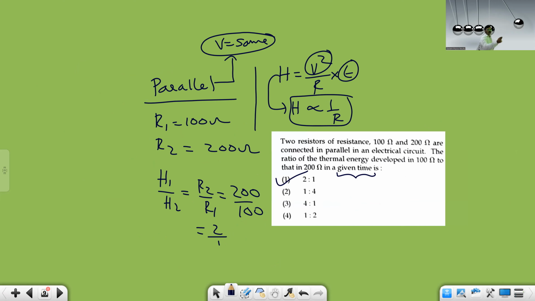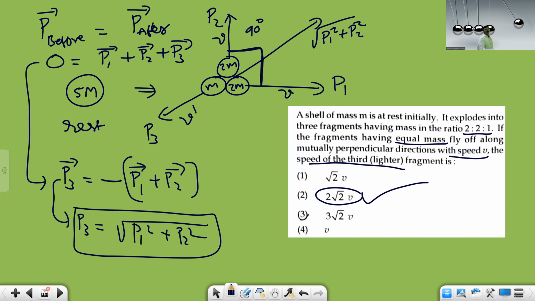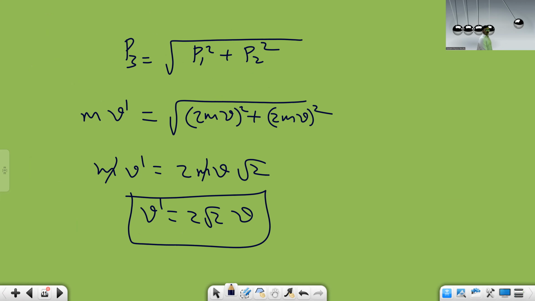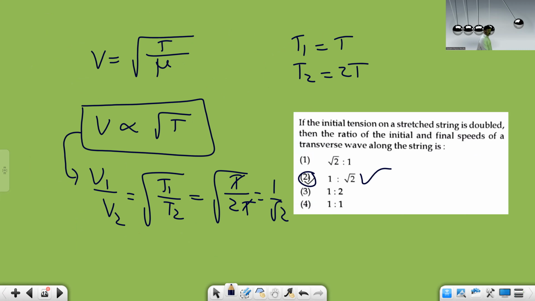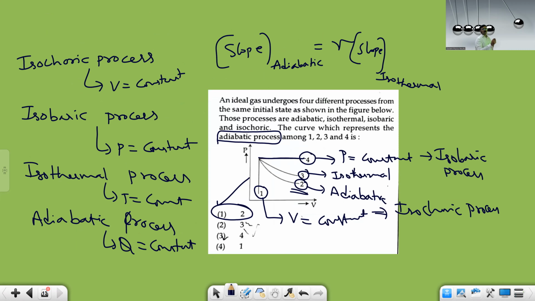Next we observed the law of conservation of linear momentum, the speed of transverse waves, and thermodynamics graphs. I hope you are clear with this stuff.